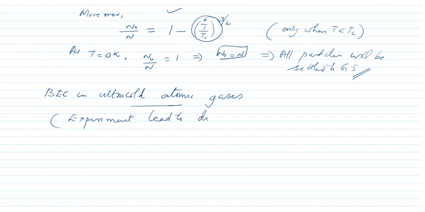Bose-Einstein condensation was first obtained in rubidium 86 atoms, one particular isotope of rubidium atoms.